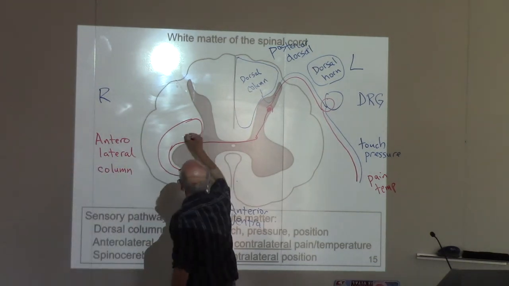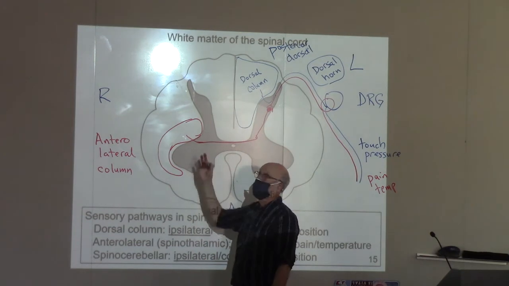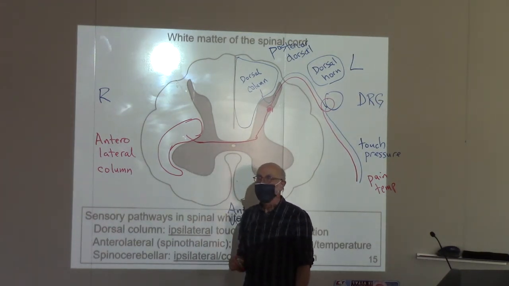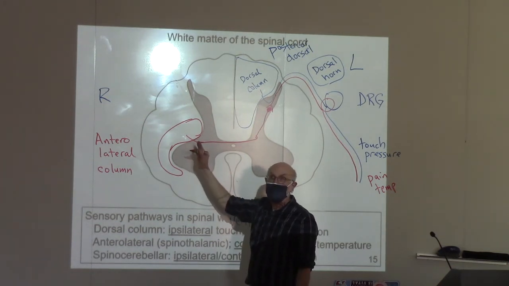The second neuron enters the anterolateral column, and it goes to the brain on the contralateral side.